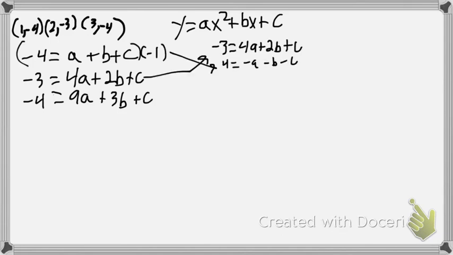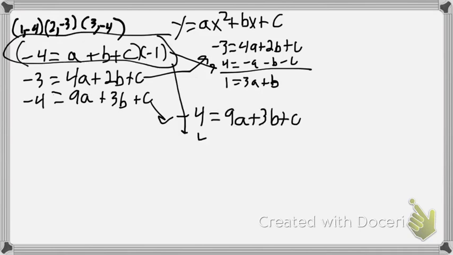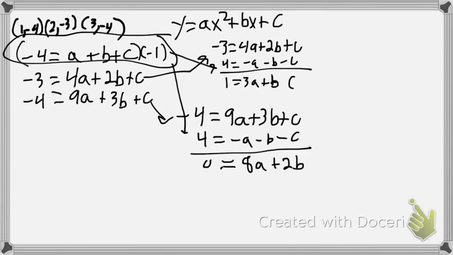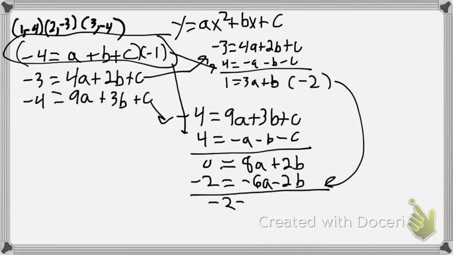So we combine the top two, and we get 1 equals 3a plus b. Combine the first and the last, and we get 0 equals 8a plus 2b. Multiply that first equation, 1 equals 3a plus b, times negative 2.